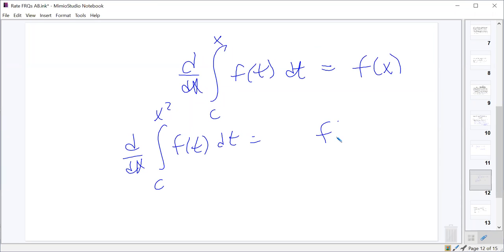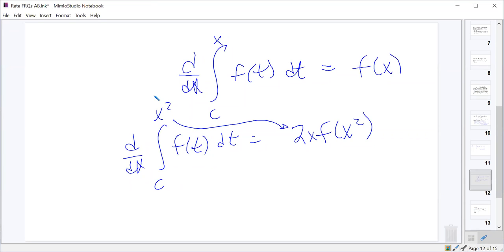That should equal f of x squared times the derivative of that function. That's all it is, that the derivative of the integral from a constant to a variable is just the original function. The derivative of the integral of a function from a constant to a function is just the original function evaluated at this other function times the derivative of that function. Does that make sense?